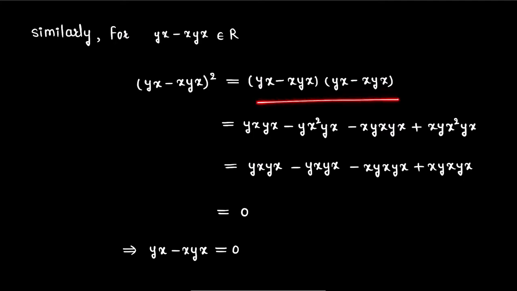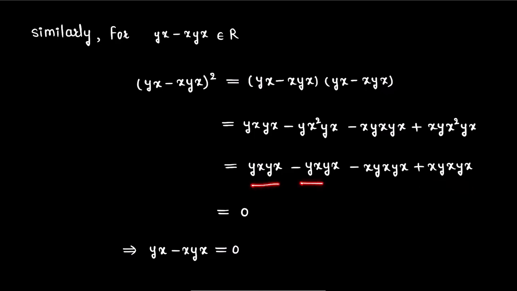Again solving this, yx dot (yx minus xyx) minus xyx dot (yx minus xyx) will give yx minus yx square yx minus xy xyx plus xy x square yx. Again in this step, replacing this x square and this x square by x, we get yx minus yx minus xy xyx plus xy xyx.